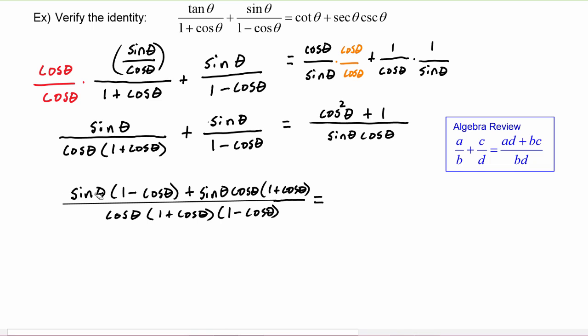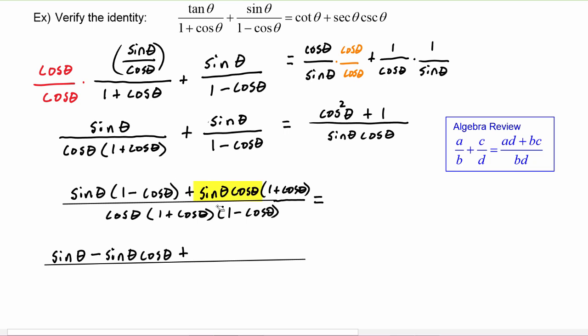In the next step, we're going to need to distribute out this numerator. So this thing's getting huge. Let's see what we have here. Sine of theta times 1, we get sine of theta minus sine theta times cosine theta, then we have this plus sign.